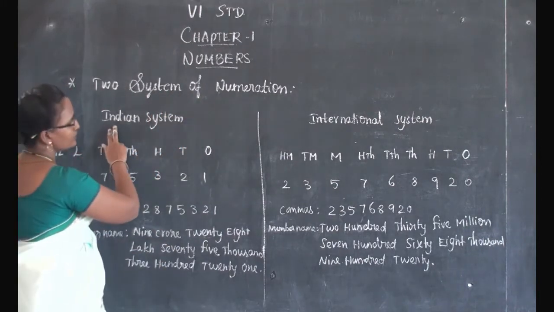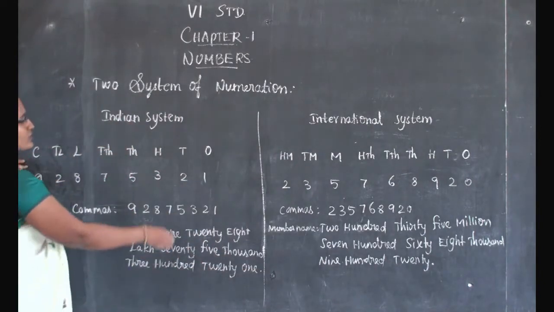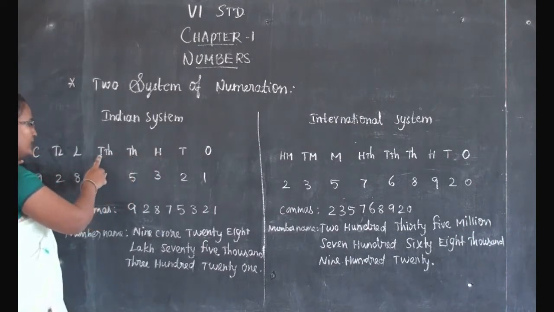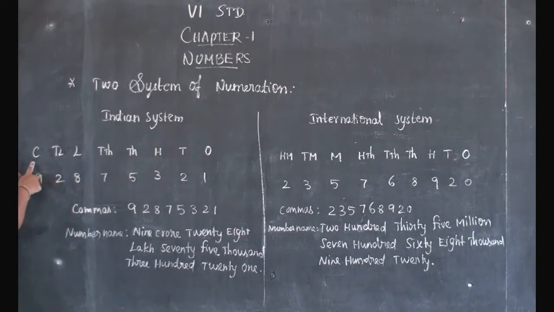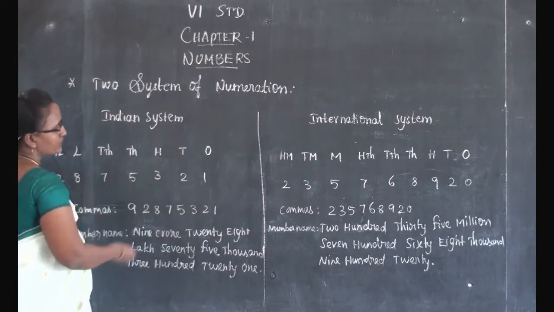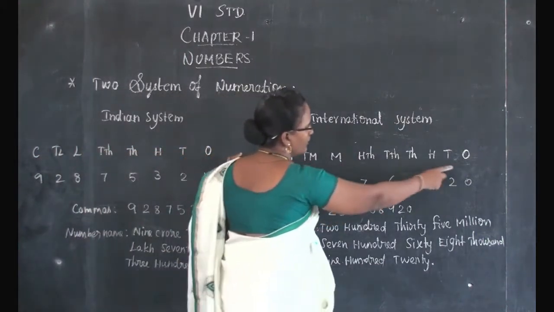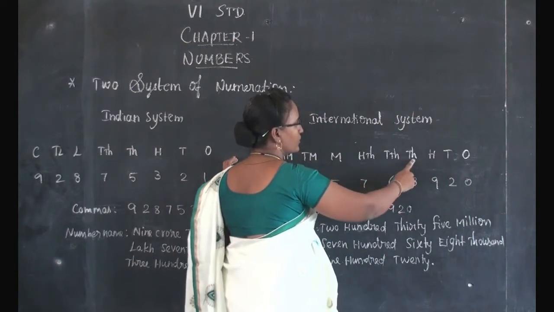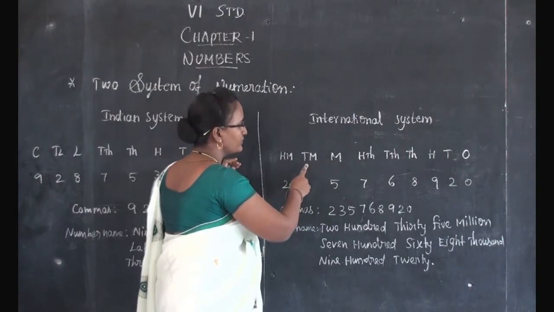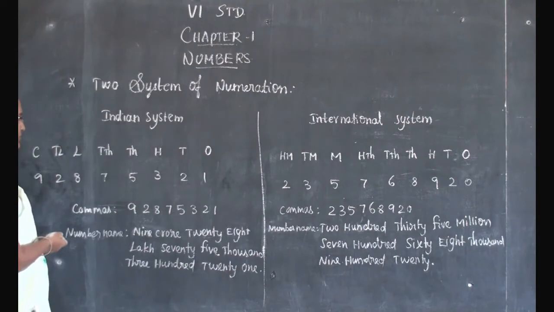Now we learn two systems of numeration. First one, Indian system, and international system. In Indian system, the place values are ones, tens, hundreds, thousand, 10,000, lakh, 10 lakh, crores. That is our Indian system. And then international system: ones, tens, hundreds, thousand, 10,000, 100,000, million, 10 million, 100 million, and then billion will come.